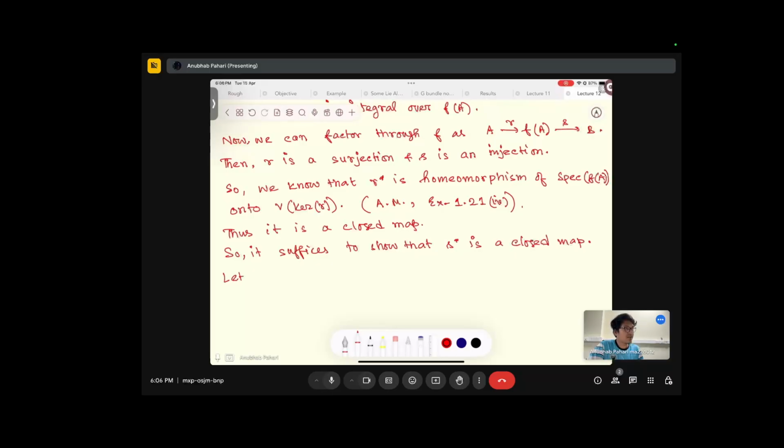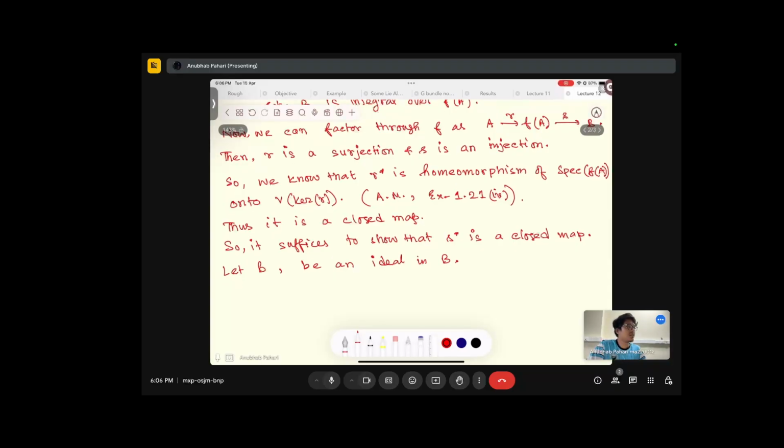Let small b be an ideal in B. Then b intersection f(A) is a contraction of b.